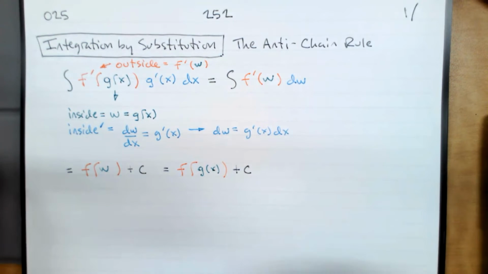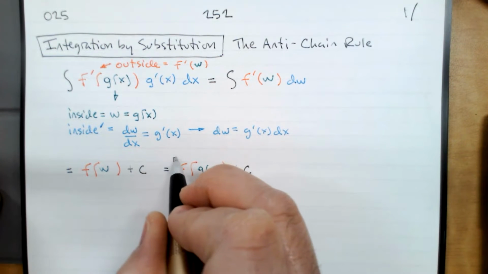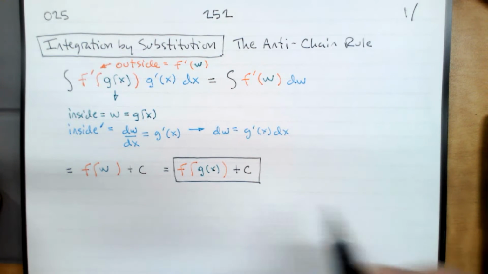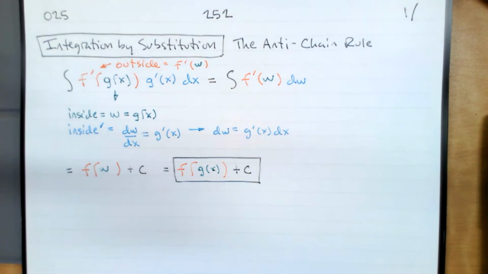And then that will be the end. That will be our answer. So the substitution game means all x must become w.